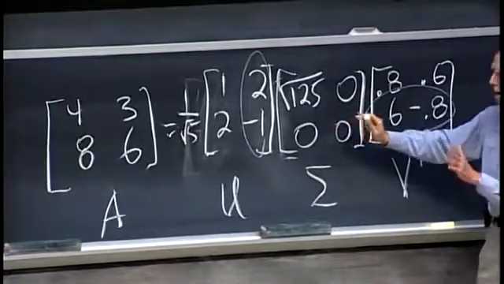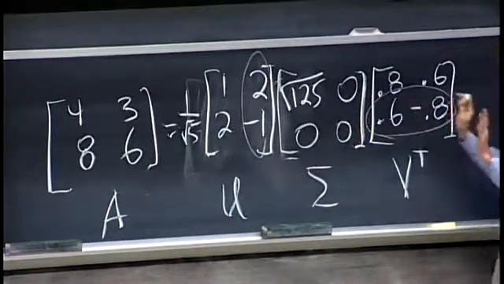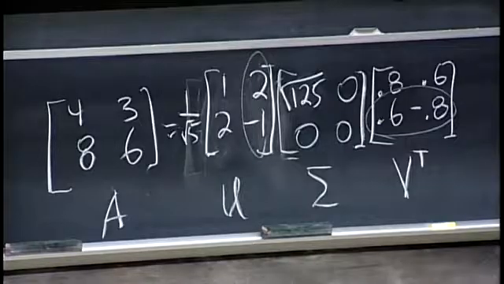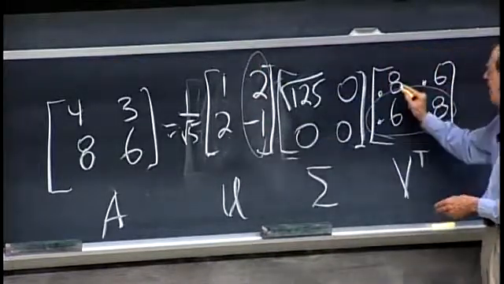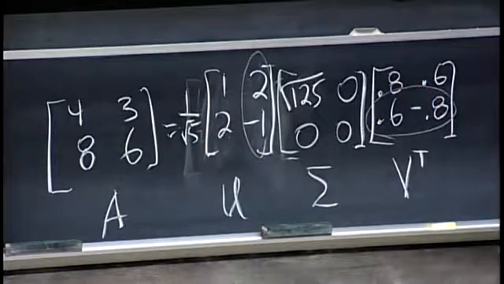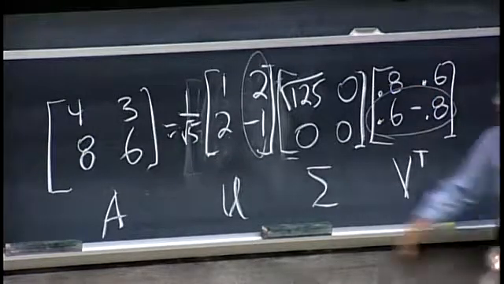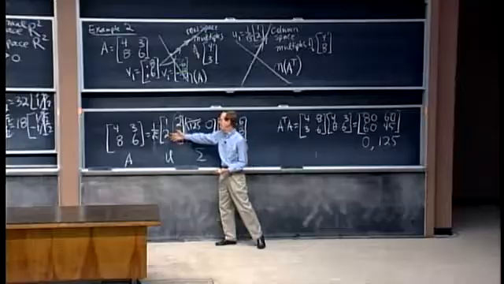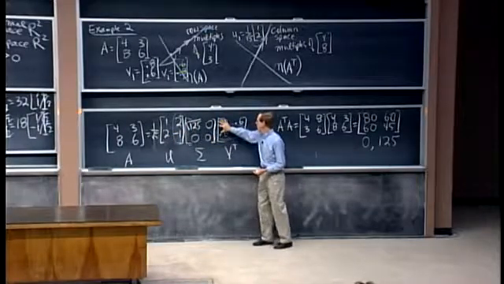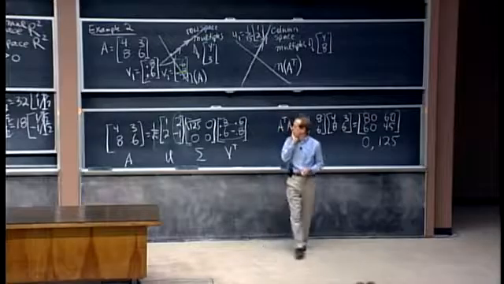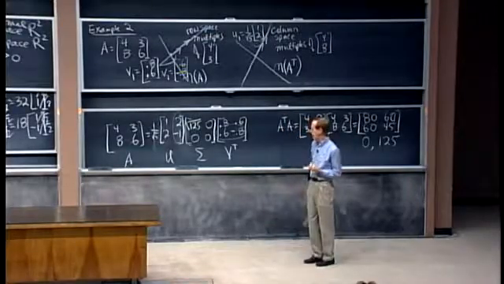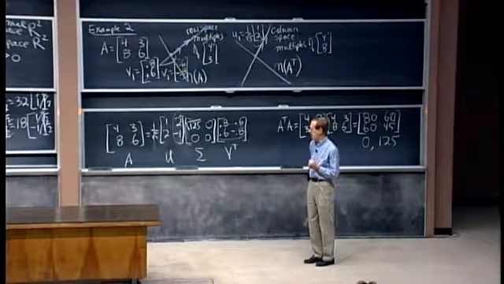So they were easy to deal with. The key ones are the ones in the column space and the row space. Do you see how I'm getting columns here, diagonal here, rows here, coming together to produce A? That's the singular value decomposition.